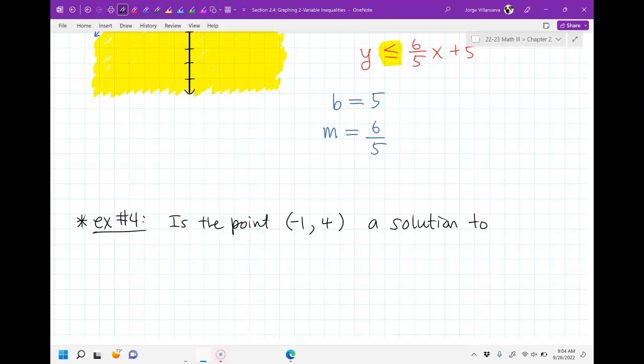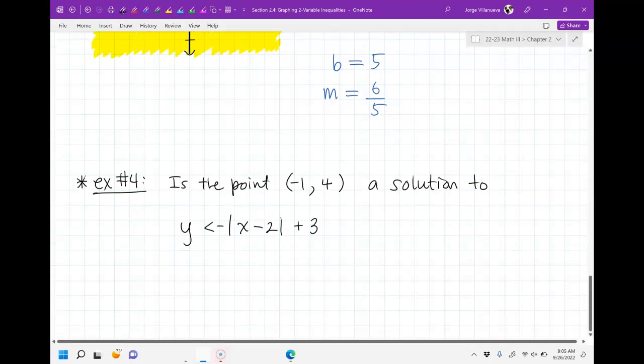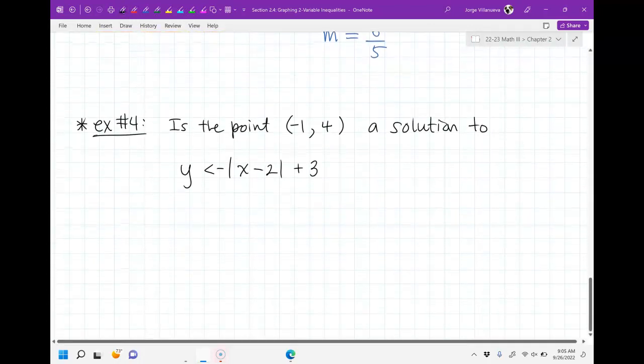So is the point negative 1, 4 a solution to, and I'll do one of the harder looking questions for you guys, negative absolute value of x minus 2 plus 3. They're saying, is it a solution to something like that?